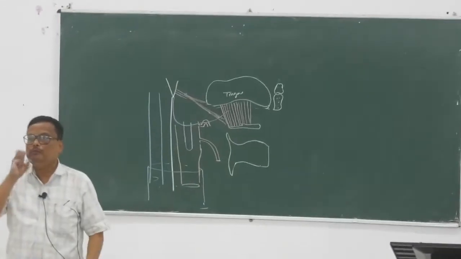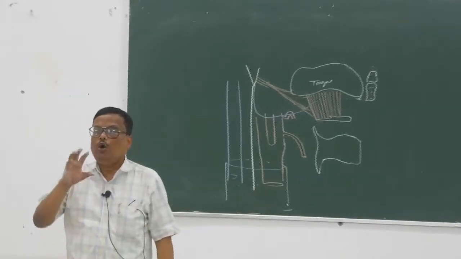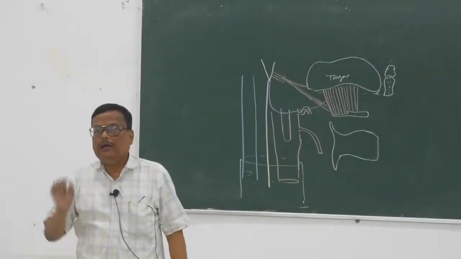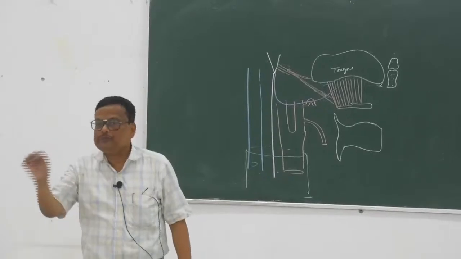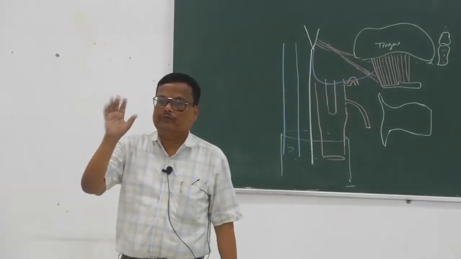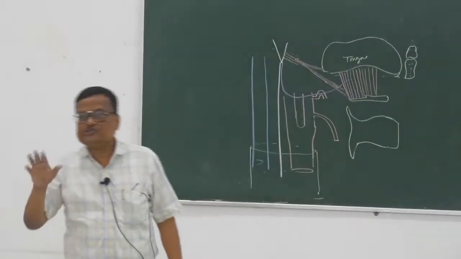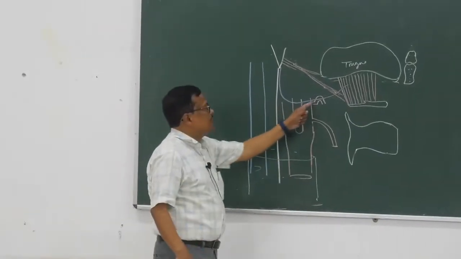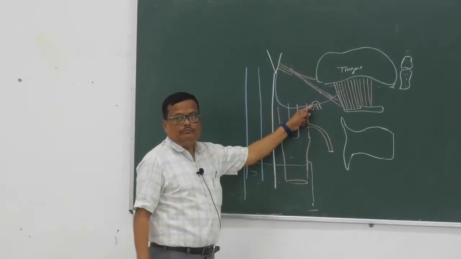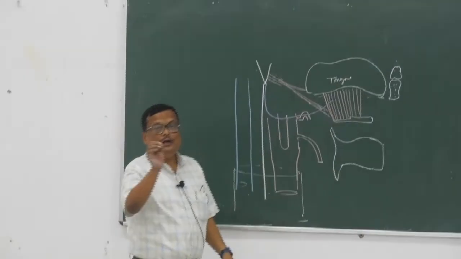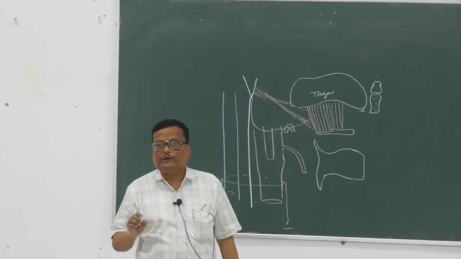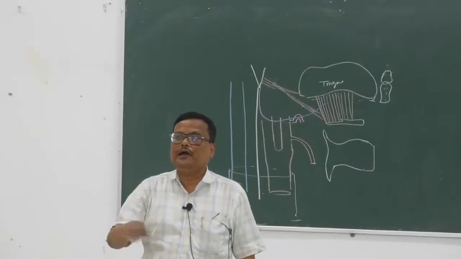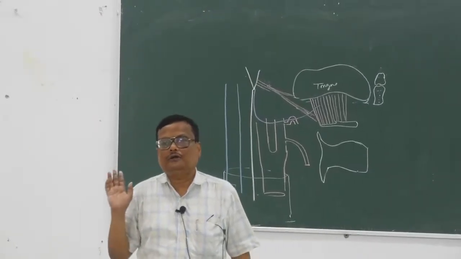In the tongue, all the muscles except one are supplied by the hypoglossal nerve. Another name is the 12th cranial nerve, the last cranial nerve. So this loop is crossed by the hypoglossal nerve. So you can identify the lingual artery by this.